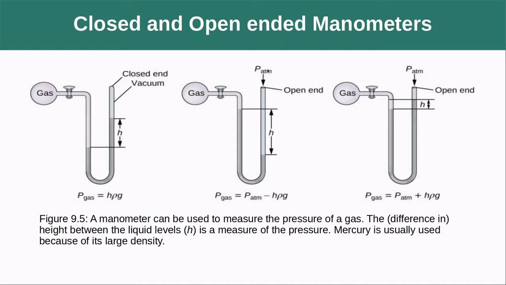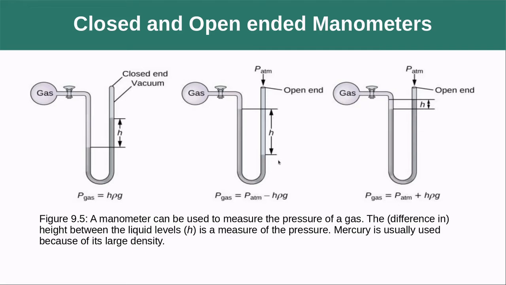Once we have an open system, we have another possibility. If this is a vacuum, anything in here is only going to push it up this way. But once we have it open, there's the possibility that the atmospheric pressure will be higher than the pressure in the gas, in which case the liquid is being sucked towards the gas and it's lower on the right side.